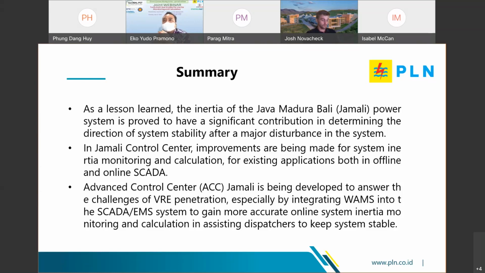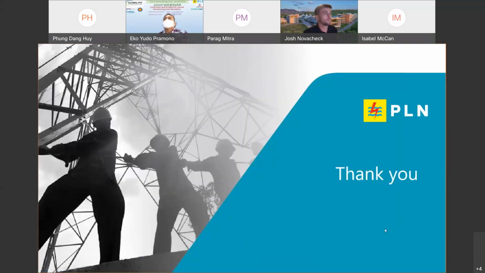Last but not least, an advanced control center in Jawa Bali is being developed to answer the challenging renewable energy penetration, especially by integrating WAMS into the SCADA or EMS system to gain more accurate online system inertia monitoring and calculation, assisting dispatching to keep the system stable. Okay, thank you. This is the end of our presentation.